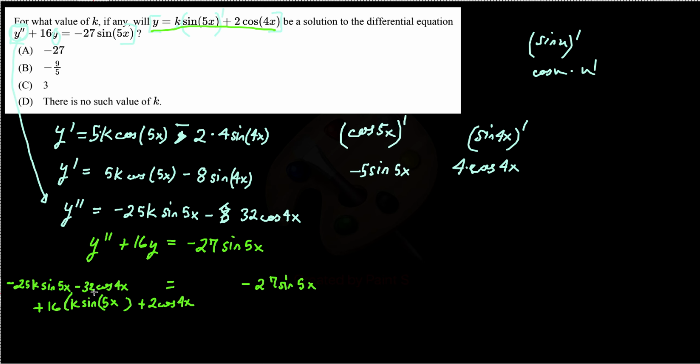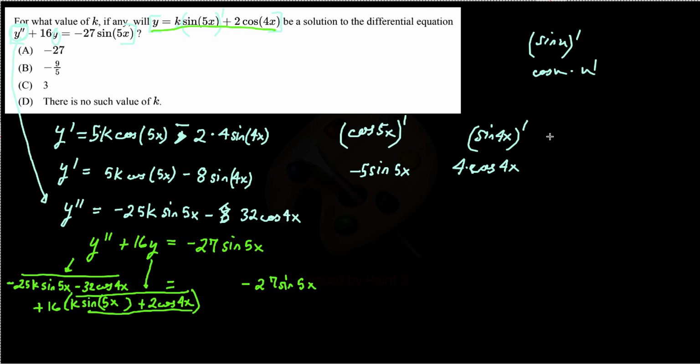I'm running out of space here. I shouldn't do that. You should be very careful with how we do this. Now, I have to remember this was 16 times y. Y was this, and inside this is the y that I plugged in right here, and this was y double prime, all this here. Now I'm going to distribute that 16, so I'll rewrite it where I have a little more space.